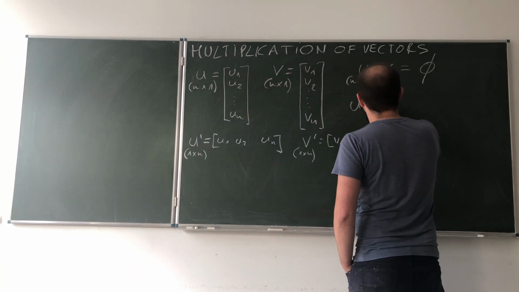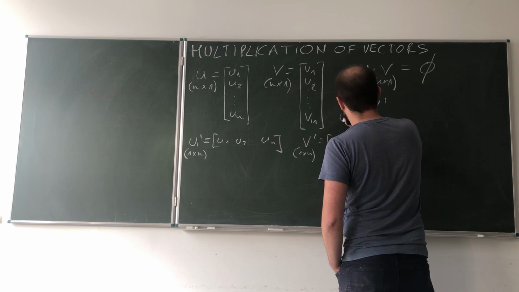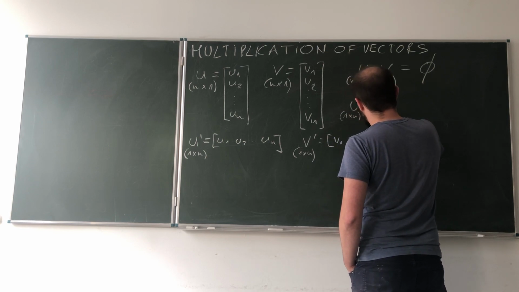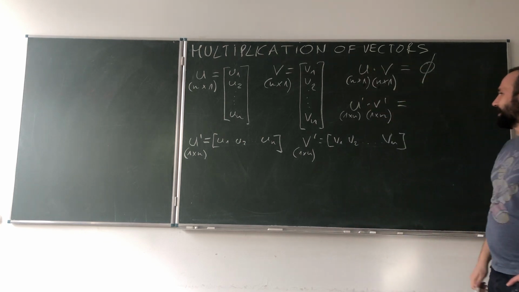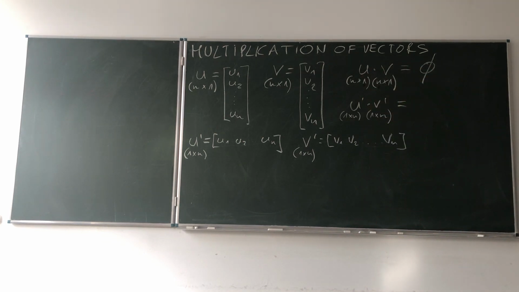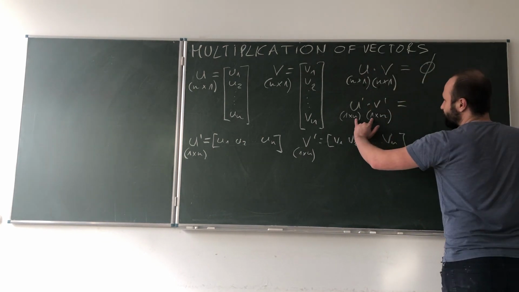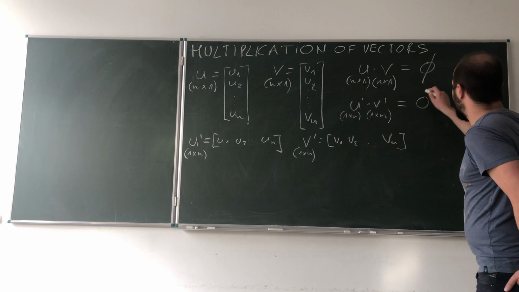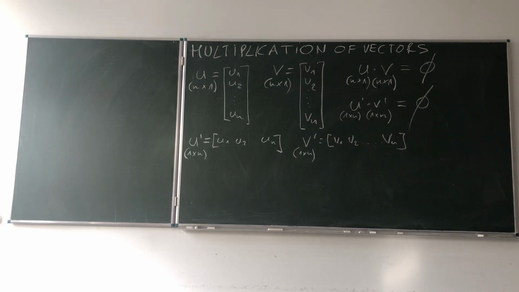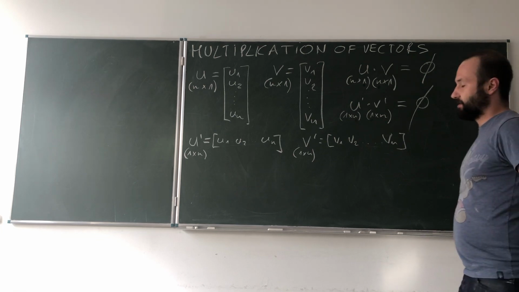So u prime times v prime, we've got 1 by n and 1 by n. Can we multiply them? Well, we can't. Again, those two dimensions are different, so we cannot multiply them. Well, so we get another empty set. So, does it mean we cannot multiply the vector?